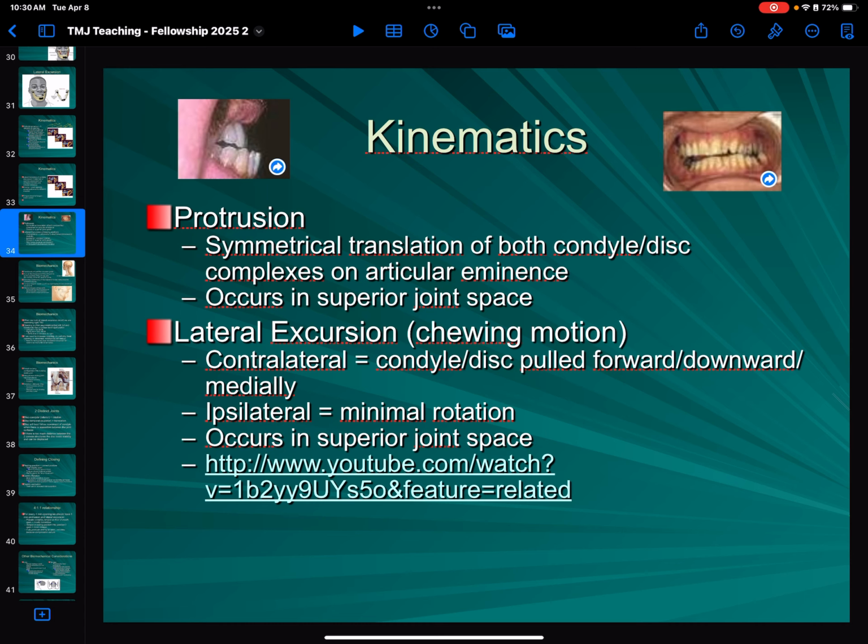I could pull the joint down, I could pull it medially, I could pull it anteriorly. So it's just like a shoulder mobilization. You could do a straight AP or PA, or I could do some coupled motion. I could do a little distraction with it.